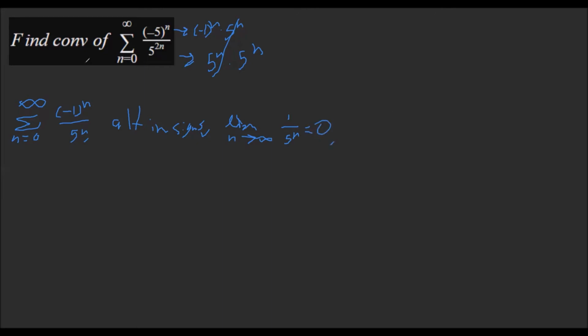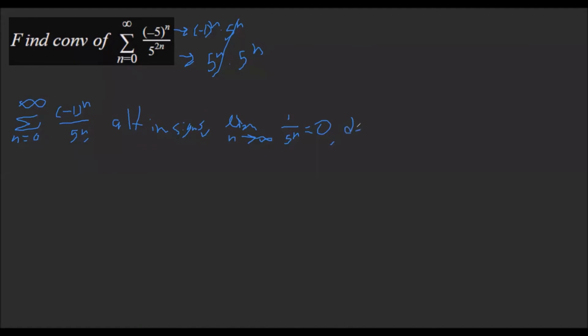Now, finally we have to see if it decreases in magnitude, meaning we disregard the part of the equation that's causing it to alternate in signs. So again, we're just looking at 1 over 5 to the power of n, and of course that does decrease in magnitude, because we can see we go from 1 over 5 to the power of 0 to 1 over 5 to the power of 1. So it is very clearly decreasing in magnitude.